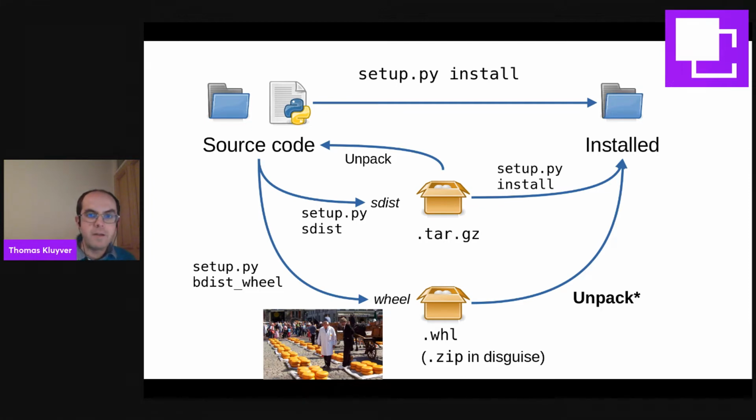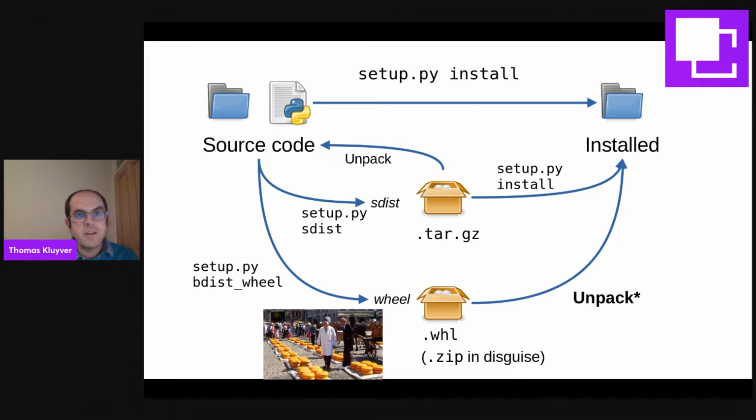And that you can unpack just as an archive to get a variant of the source code back. And you can run setup.py install from that to go to an installed distribution. I've changed the logo for the installed thing here to a folder to represent that that can now be a virtualenv, you're not just always doing global installs onto your system anymore.